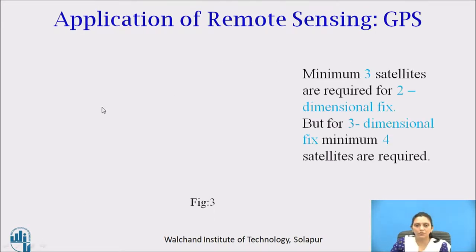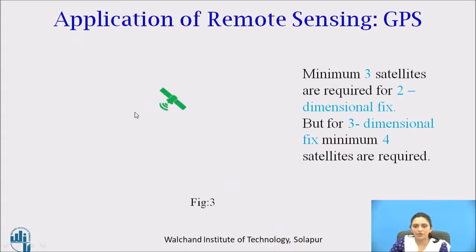Now see one of the applications of remote sensing, that is the global positioning system. Many of you are familiar with the global positioning system because it is there in the smartphone also. Now see how it works. The first satellite is generating some information that a particular object is at a distance from the satellite, and it is derived by the velocity and time distance formula.